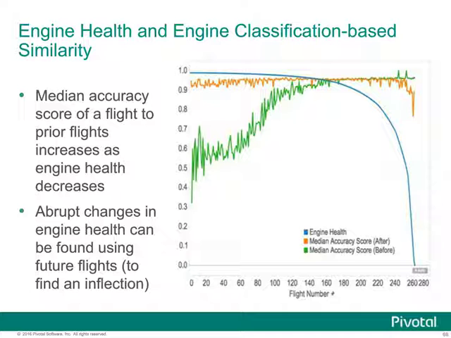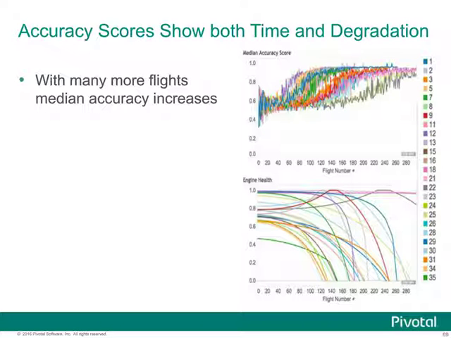Now, one interesting thing is if we look for abrupt changes in that engine health, would we also be able to see abrupt changes in the median accuracy for our distance metric for all of the flights that came before? To answer this question, we looked at many of our flights and computed the same pairwise distance metric, and again computed the median for any given reference flight for all of the flights that came prior to it for that engine.